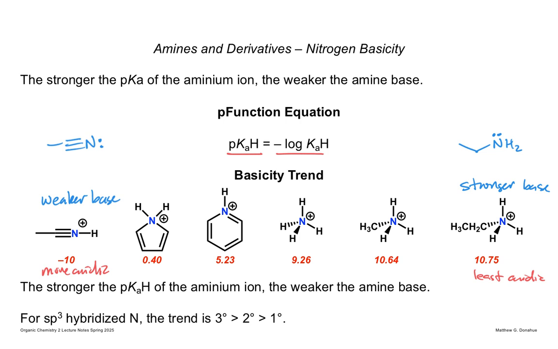So meaning if we wanted to use an amine in an acid-base reaction, we would choose something that's sp3 hybridized to do the proton transfer. So these are stronger bases. And then on the left side, these are stronger acids. So again, that trend is summarized here.